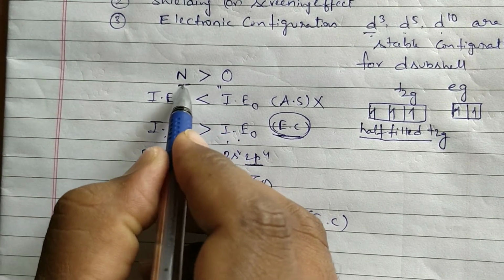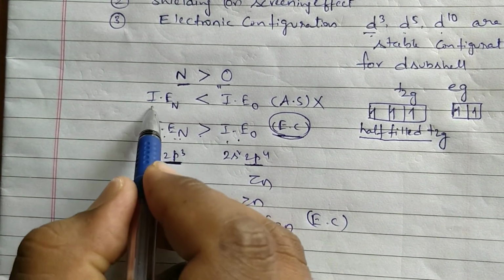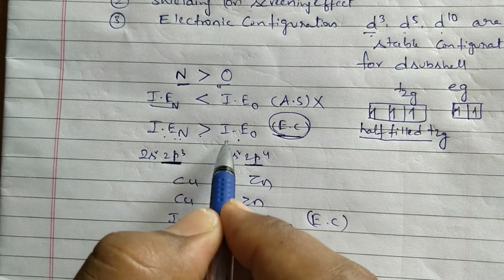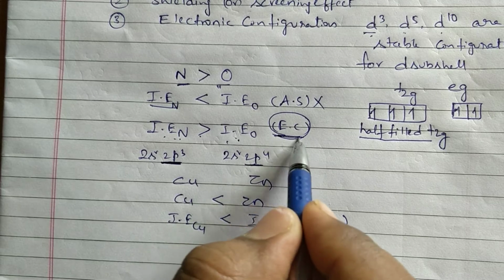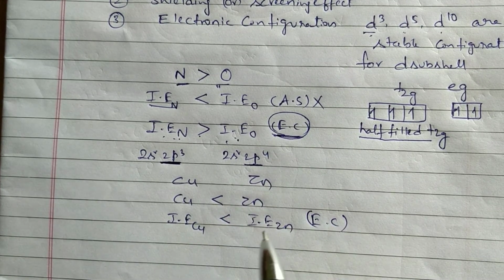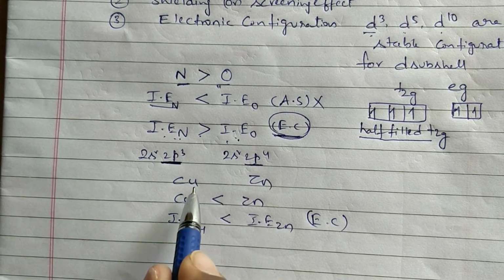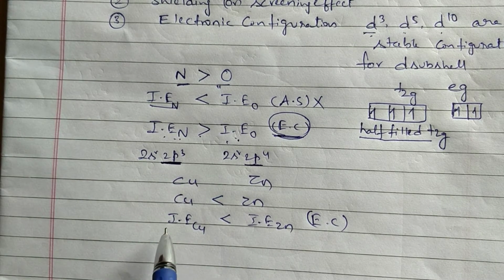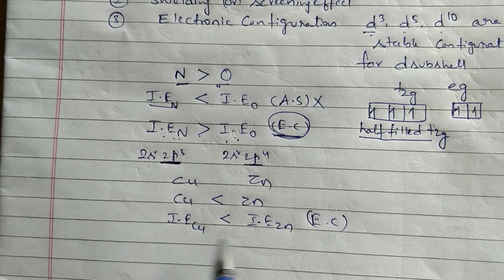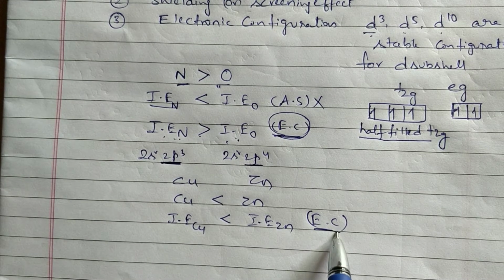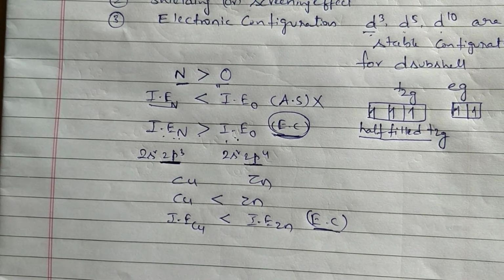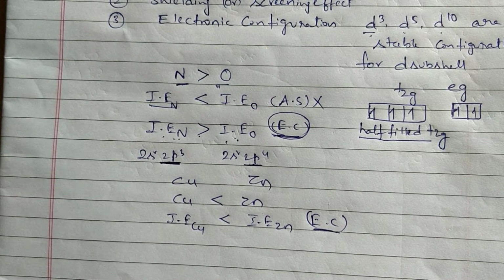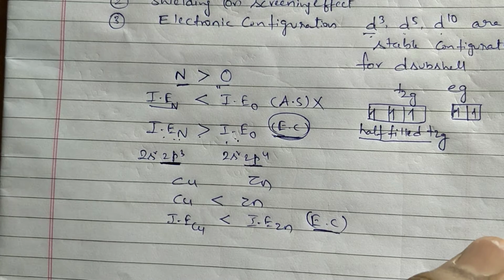Even though nitrogen is bigger than oxygen, the ionization energy of nitrogen is greater than that of oxygen, depending on electronic configuration. Even though zinc's size is greater than copper's, zinc's ionization energy is greater than copper's, depending on electronic configuration. Zinc's stable configuration is 4s2 3d10, and it is highly difficult to remove an electron from a stable configuration.